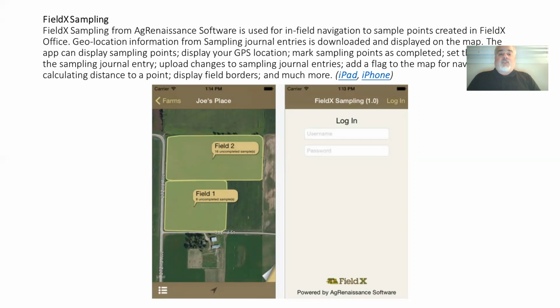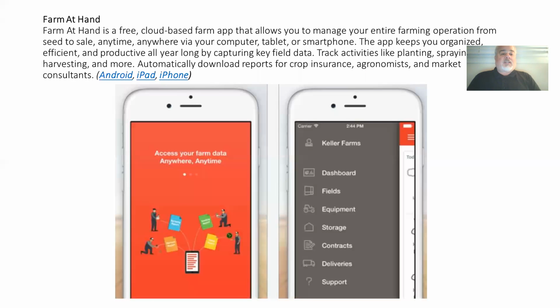Field sampling, so you're taking samples for whatever purpose, whether it's soil sampling or food safety sampling. There are specific apps that will help you with a procedure. You determine the field sampling procedure you wish to use, and it will help guide you in the sampling process.